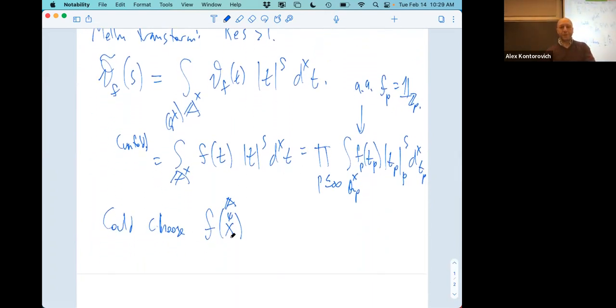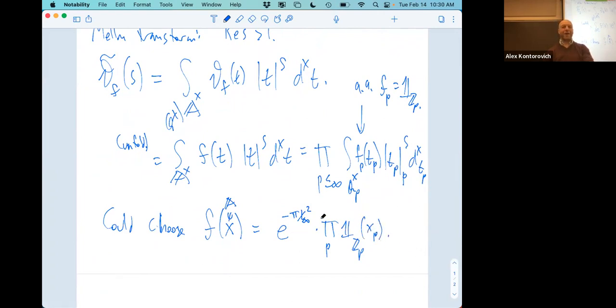So we could choose F to be, at the infinite place, e to the minus pi x_infinity squared, and F factors, times a product over all primes of the indicator function of Z_p of x_p.